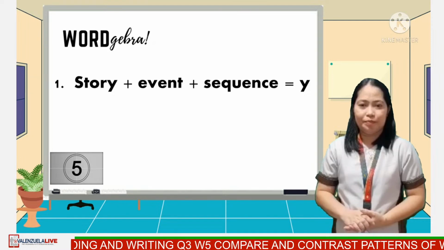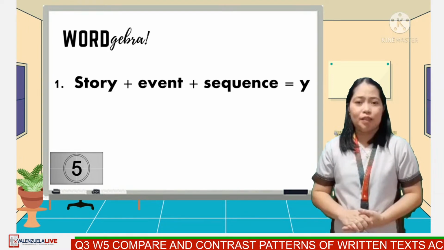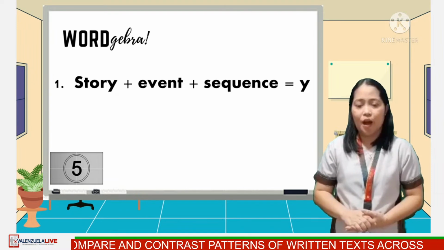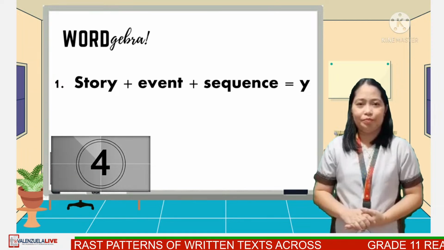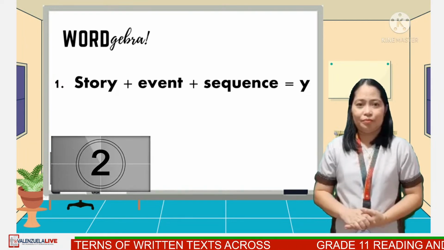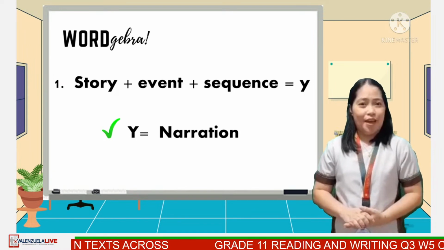Number 1. Story plus event plus sequence equals Y. What do you think is the value of Y? If your answer is narration, then you got it right.